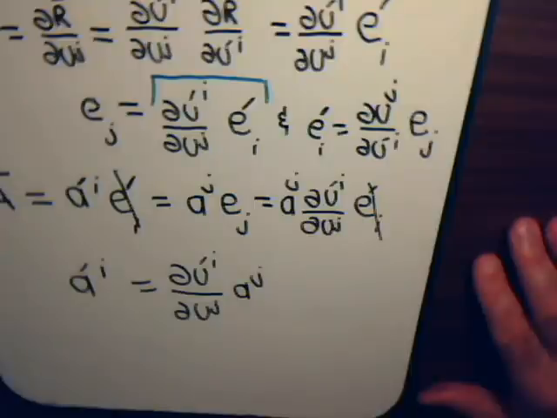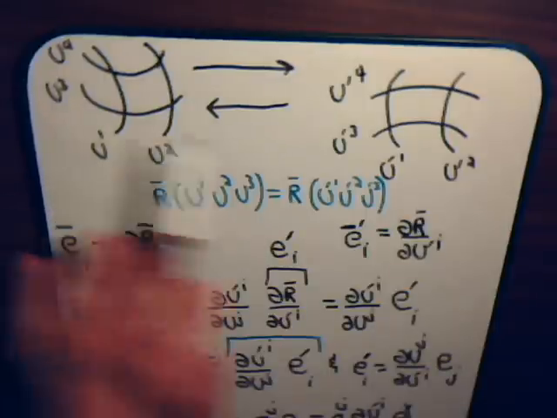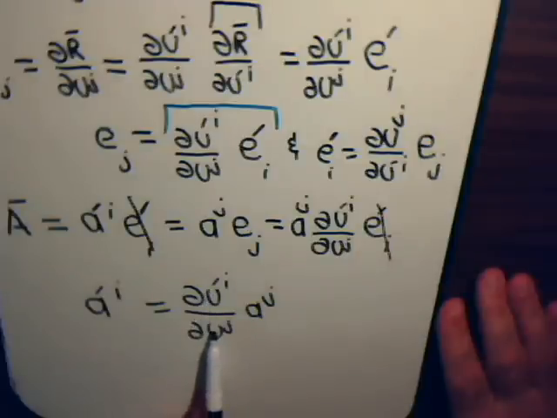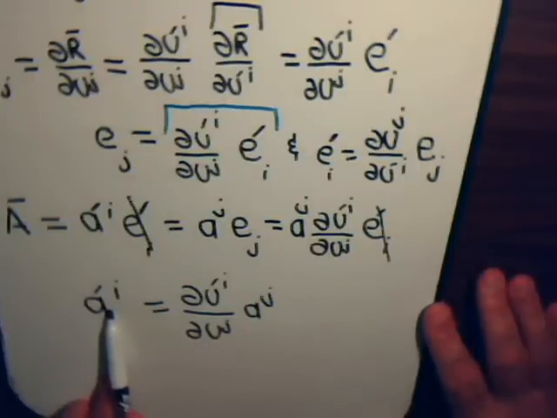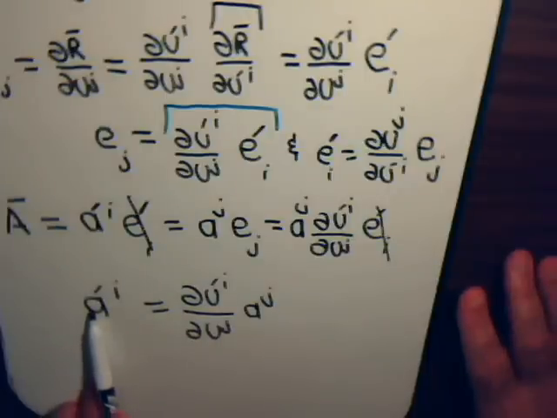So this tells us if we have a vector A in our unprimed U system, and if we know the components of the vector in the unprimed system, then if we take these types of derivatives, and notice we have a repeated index, that will then give us the corresponding coordinate in the prime system.